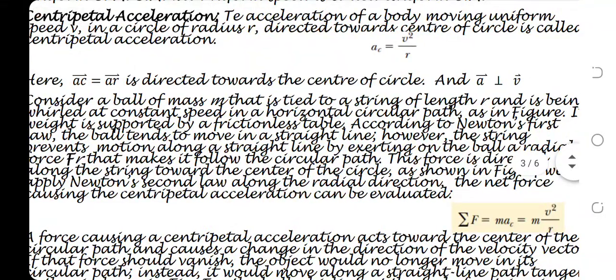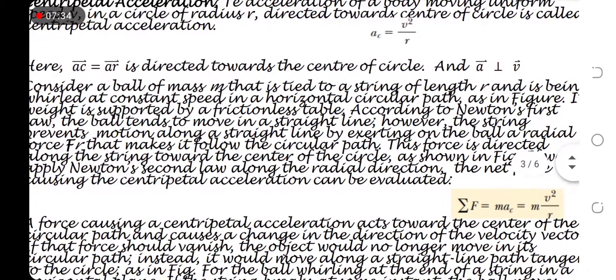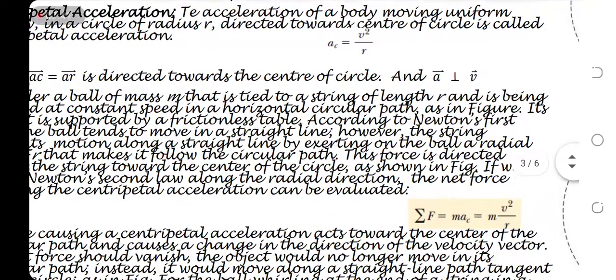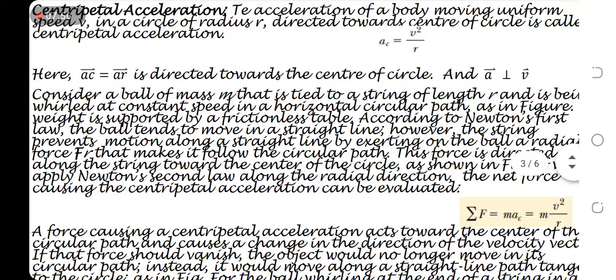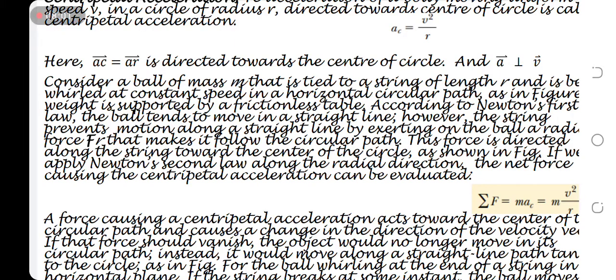We can study this in detail too. Consider a ball of mass m that is tied to a string of length r and is being whirled at a constant speed in a horizontal circular path as in the figure. Weight is supported by the frictionless table. According to Newton's first law, the ball tends to move in a straight line.